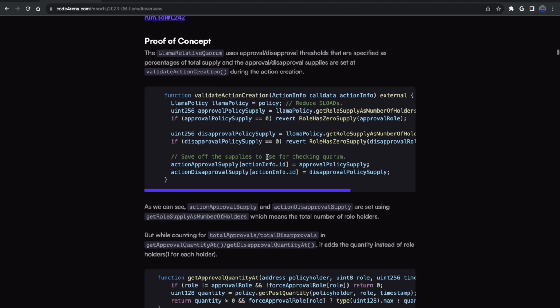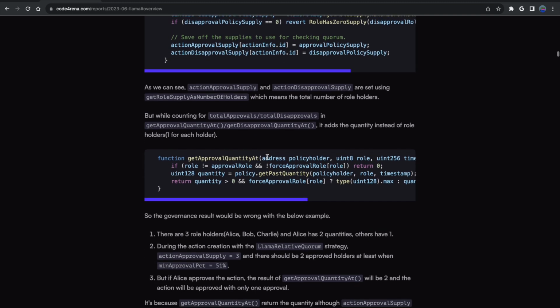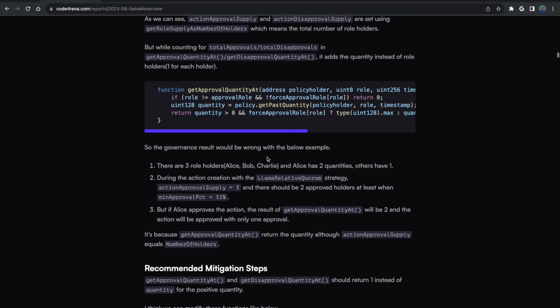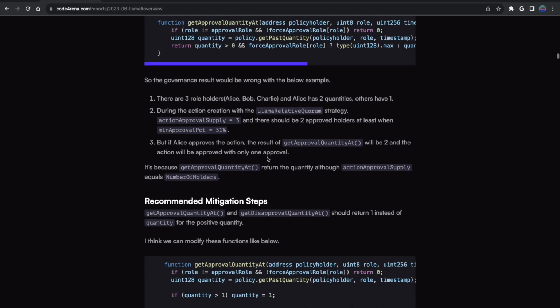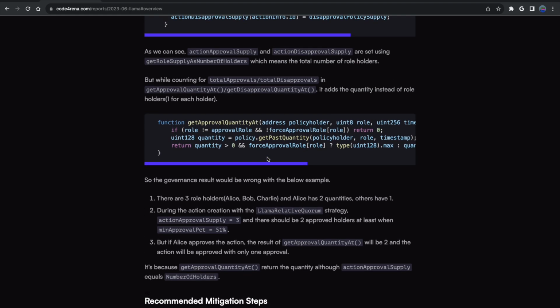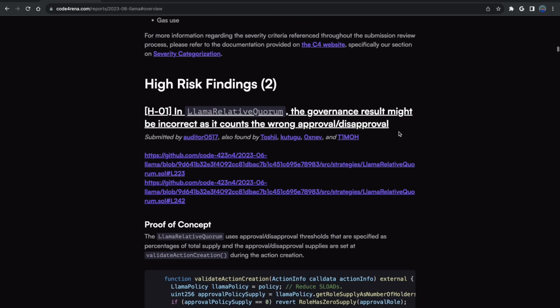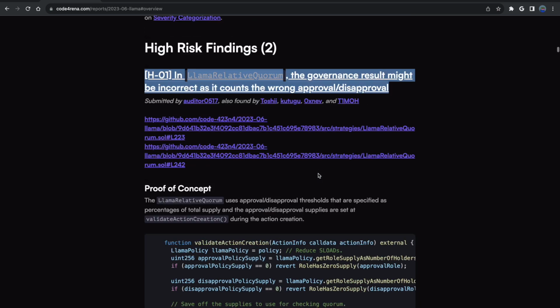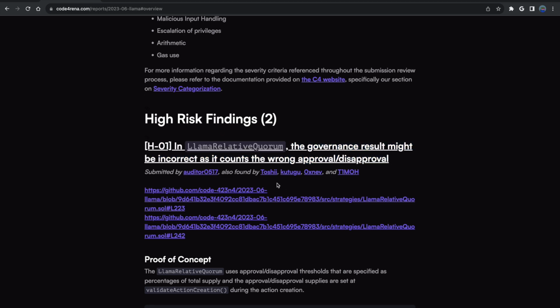Okay, I don't think this one is a pretty difficult one to follow. But again, I've audited it before. I've been in the space for a tad bit. So just reading this title, I can see what this vulnerability is going to be. This is incorrect counting. I don't know if it's incorrect math per se, but it's incorrect tallying of something, and this can cause issues down the line.